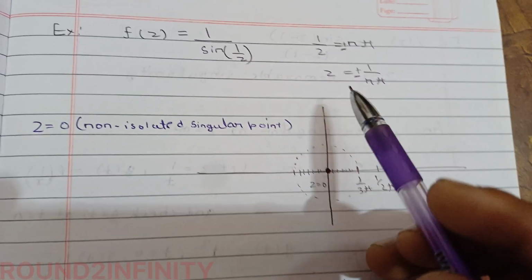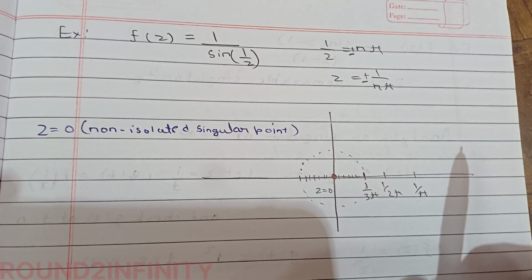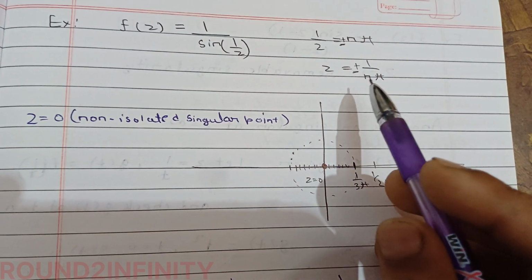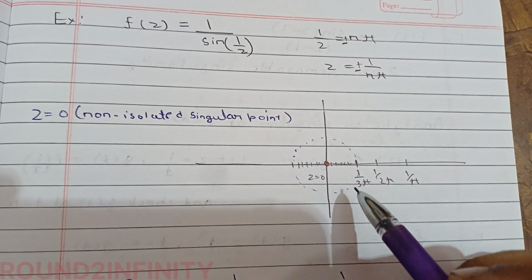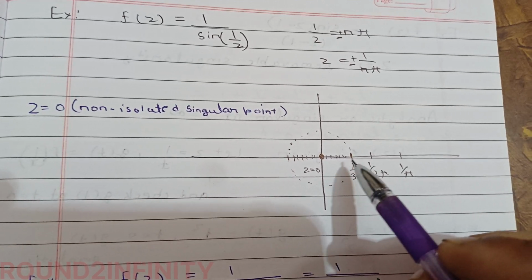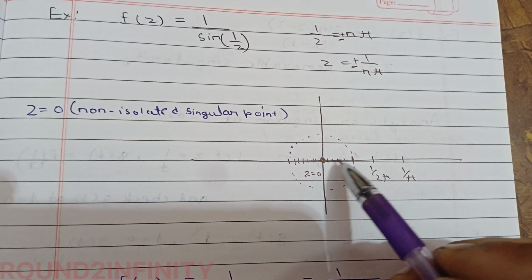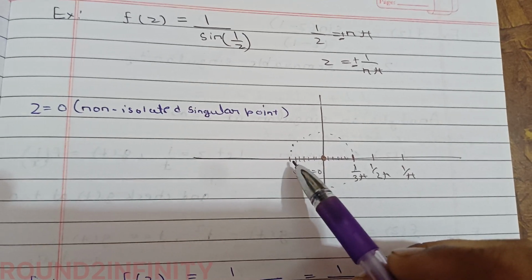Now see, z equal to 0 is a singular point, and for n equal to 1 it will be here, n equal to 2 it will be here, and for n equal to 3 it will be here, and this distance is becoming less and less. So when you come near 0, you will get an infinite number of singular points around 0.